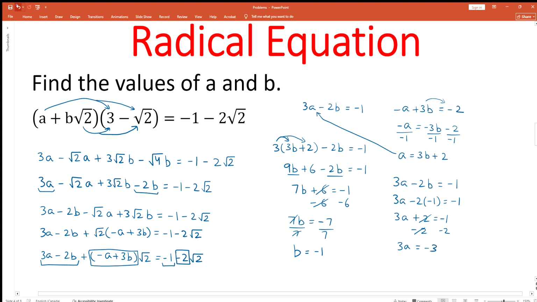We should divide both sides by 3. I get a equals negative 1. So the values of a and b are negative 1 and negative 1. This should be the final answer for this problem.